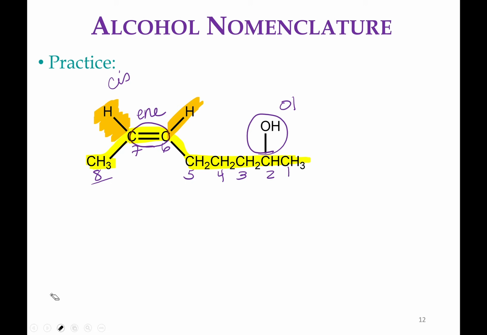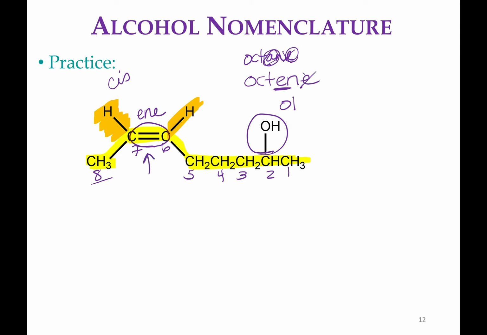But we have octane, I'm going to drop the E and make it octanol, but it's not an octane anymore, is it? And now it's an octene. That E is extremely important because it means we have a double bond here.